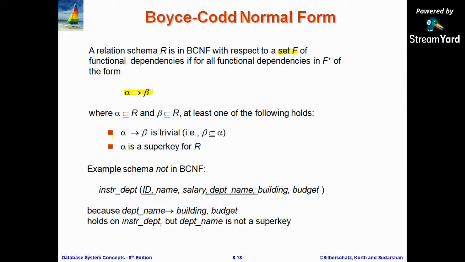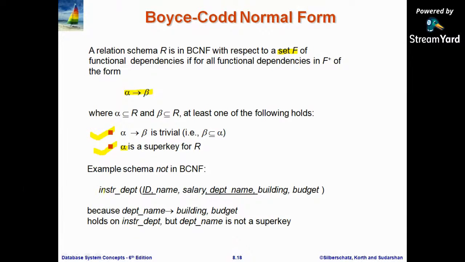For all of them, either alpha tends to beta should be trivial, trivial meaning obvious, or alpha should be a super key. If neither condition is true, then this relation R is not in BCNF. The relation R is in BCNF if for all alpha tends to beta, either it is a trivial functional dependency or alpha is a super key of R.